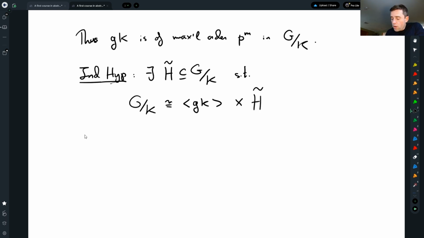But the correspondence theorem, remember we proved the correspondence theorem for quotients.